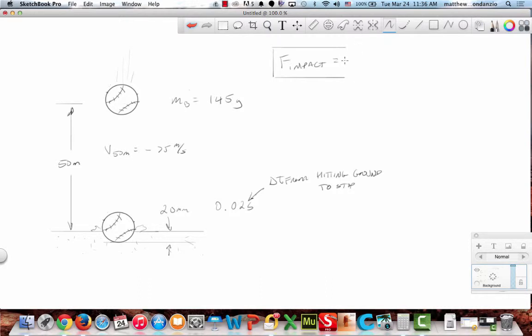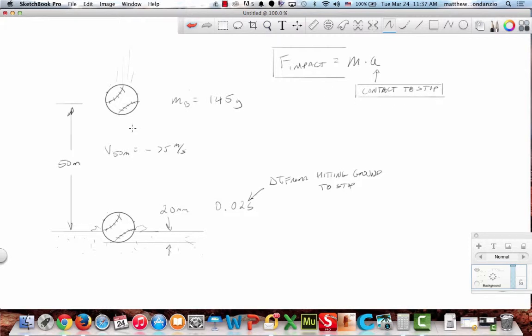Give me an equation, never a number. Always equations first. Mass times acceleration. This acceleration is from where to where? From contact with the ground to the 20 millimeters, from contact to stop. That's my acceleration rate.